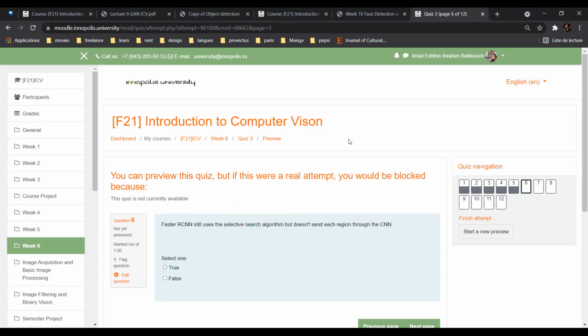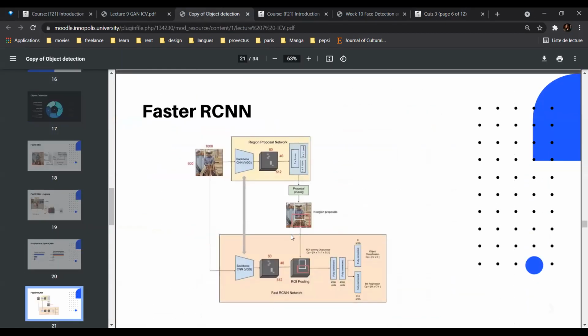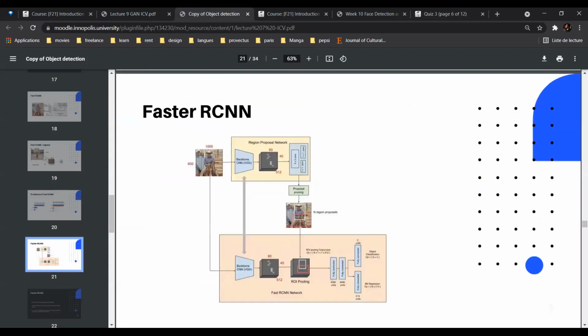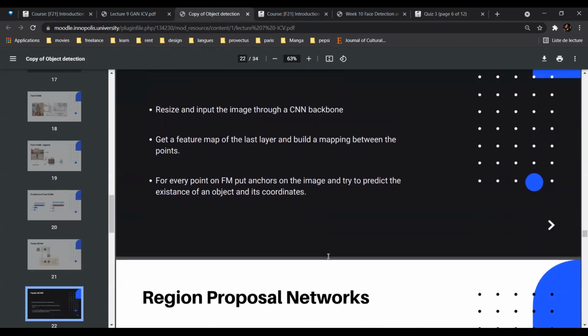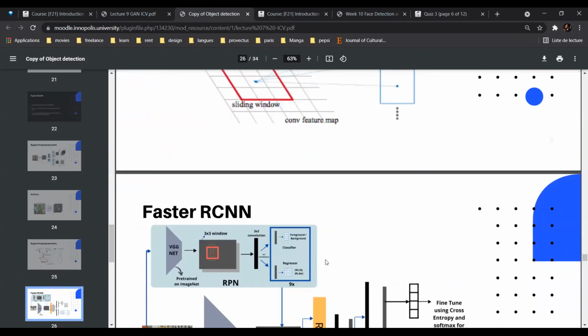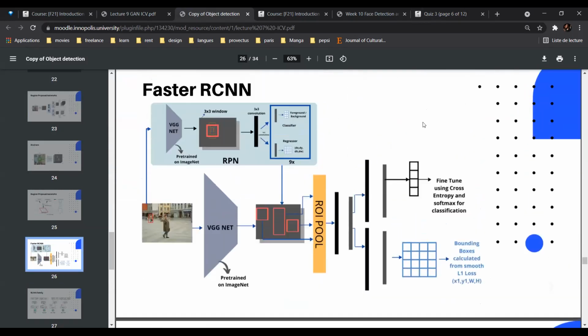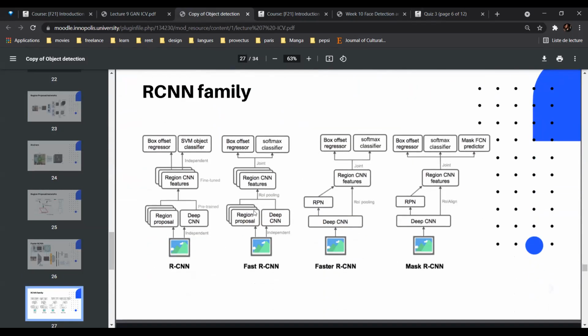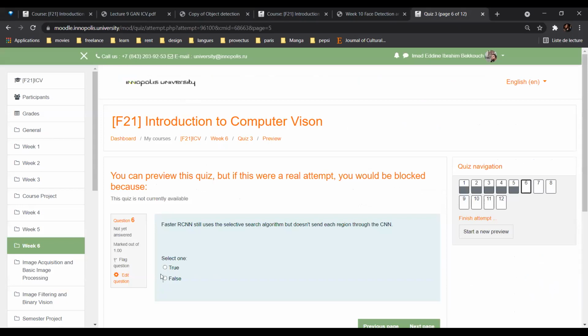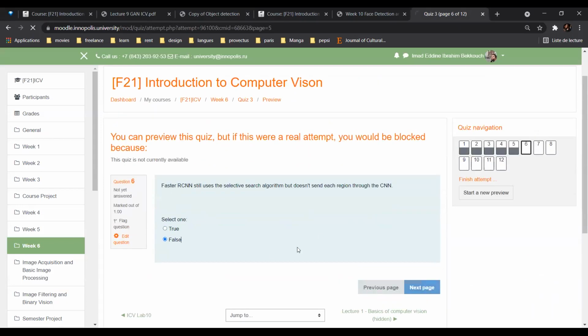As we said during the lecture, faster RCNN does not use selective search, but uses a region proposal network. This is the only thing that changed in faster RCNN. So if we come here, no region proposal algorithm, we have a region proposal network. So it's false. The majority of them are false.